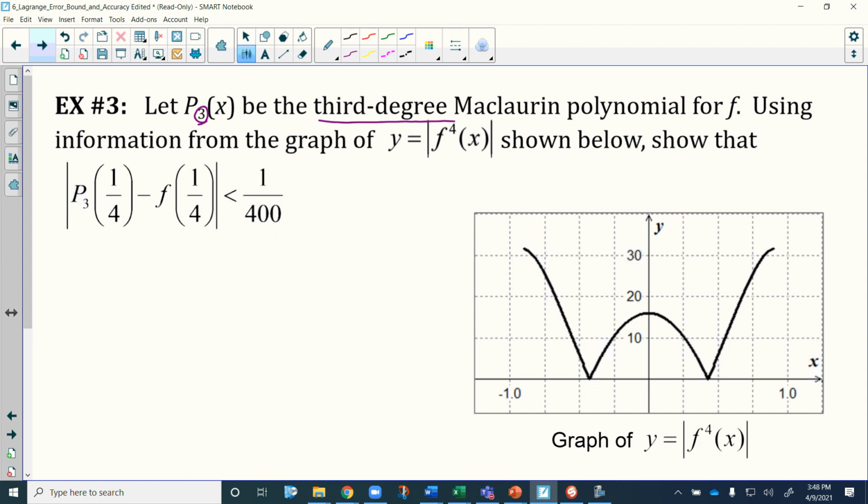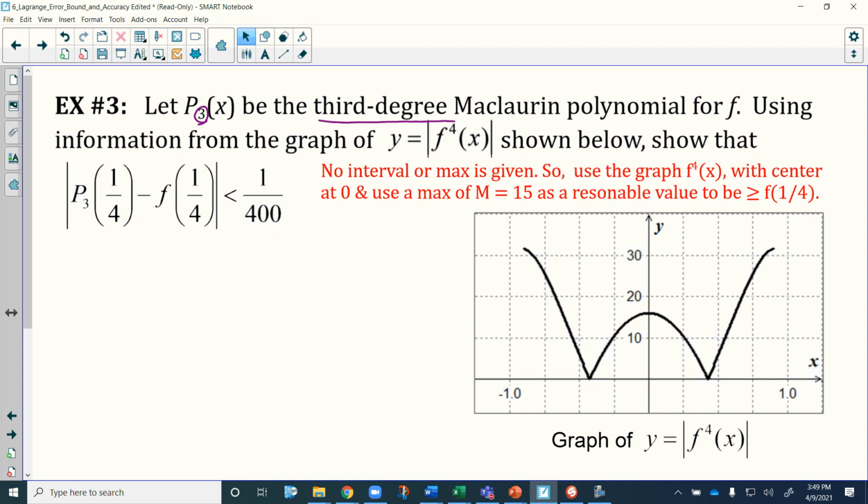So here, this is an interesting problem because if you notice, they're not really giving us an interval. The interval could probably be approximated from the graph, but they're not really giving us an interval. And they're also not really giving us any kind of a maximum value to use. So this is how I'm going to think about starting this problem based off of the information that they're giving me.